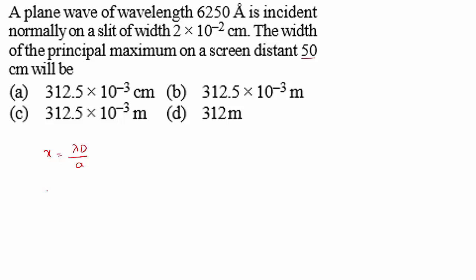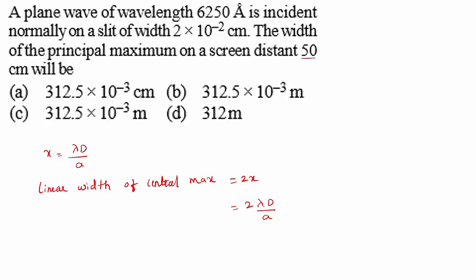Then linear width of central maximum, we can write 2x. Here 2 into x value is lambda d by a, so 2 lambda d by a. This equation we have to use to calculate the width of principal maximum on the screen.